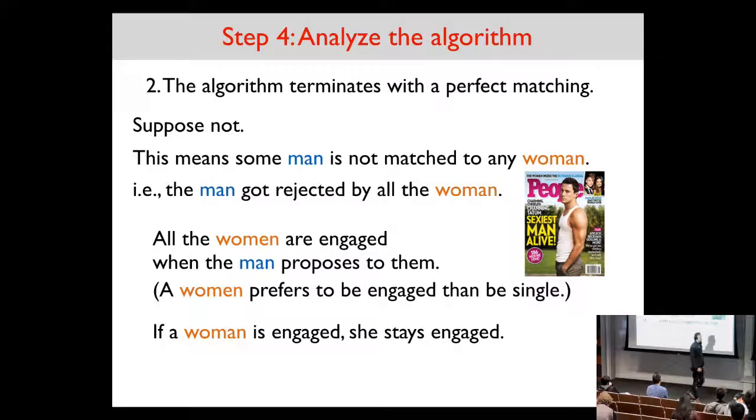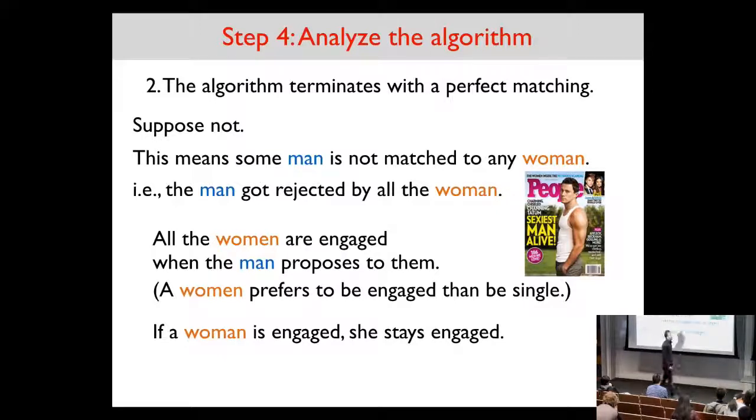But also another observation is that if a woman is engaged, she stays engaged. She never goes from being engaged to being single. She might change partners if someone better comes along, but she never prefers being single over being not single.